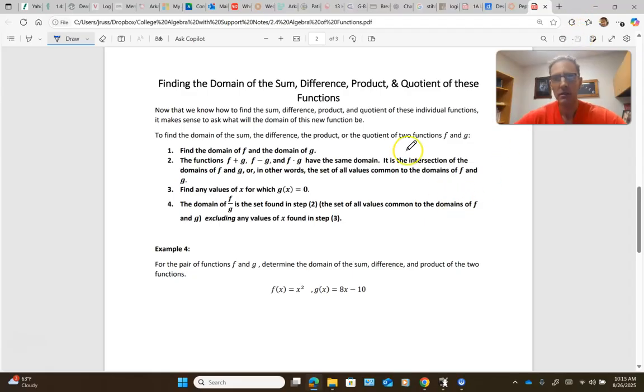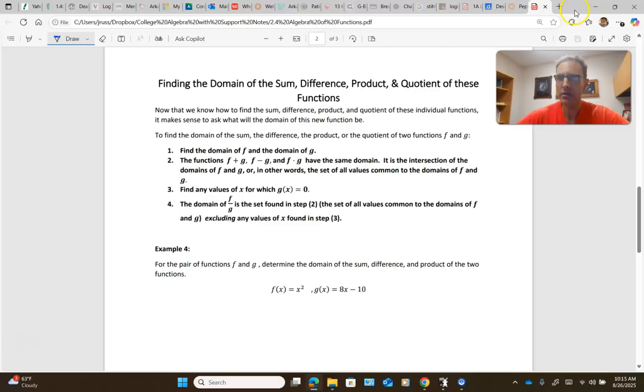So then the question becomes, what is the domain of this new function going to be? Now in that lemonade example, the domain would be the same. It's just positive integer values or counting numbers, right? Because you can either sell 0 cups of lemonade or 1, 2, 3, 4, 5, basically counting numbers. That would never change.